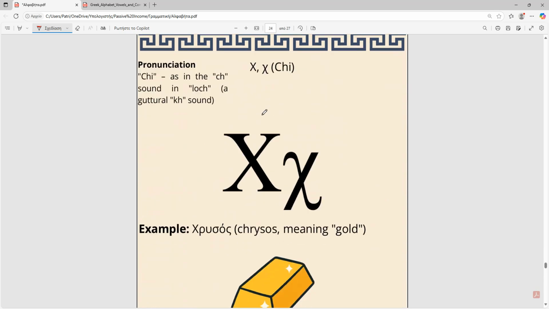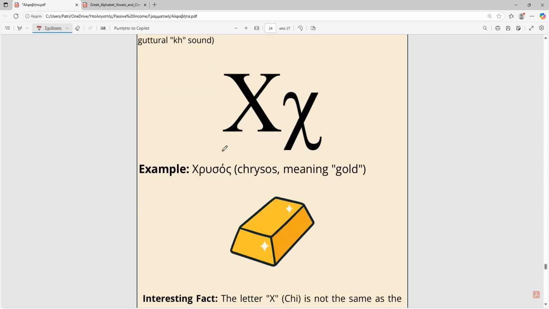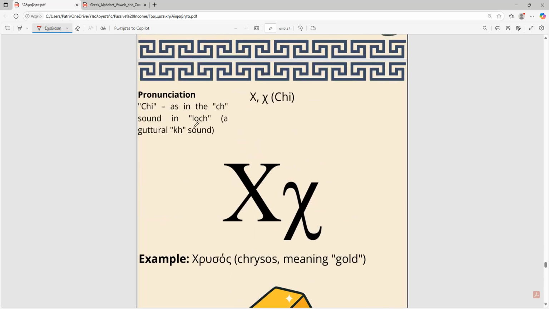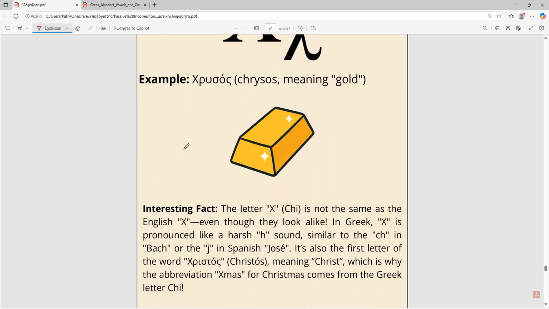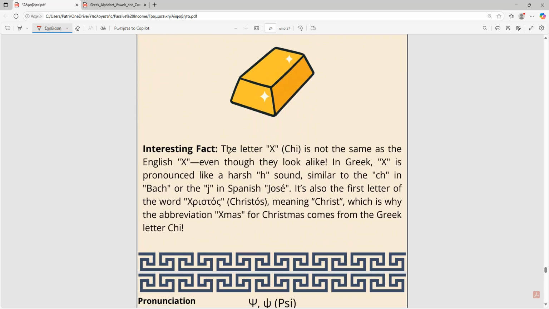Then we have the hic. Like when you drank a little bit last night, you're like, hic, hic. So this is the hic, okay, like chrysos, this is gold. So the letter he, it's not the same as in English he, even though they look alike.